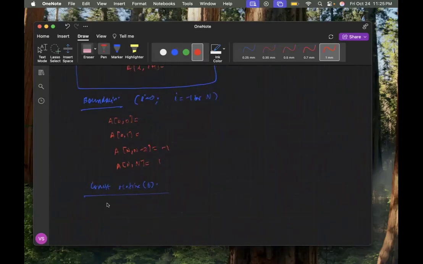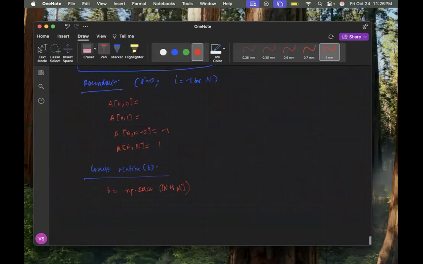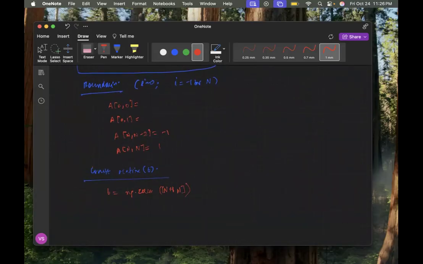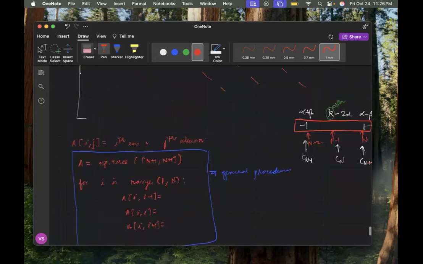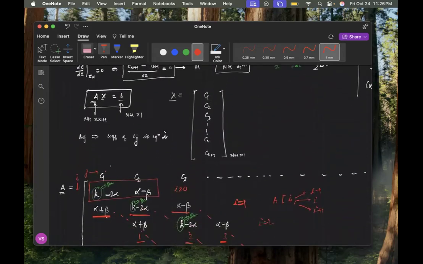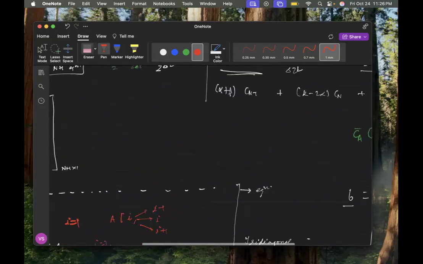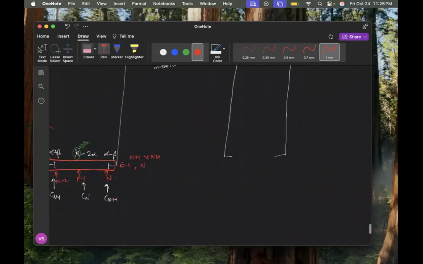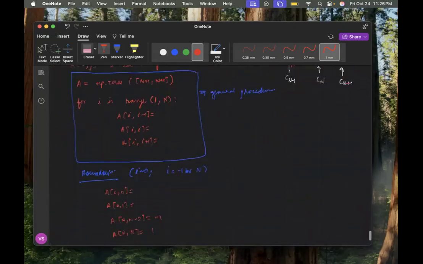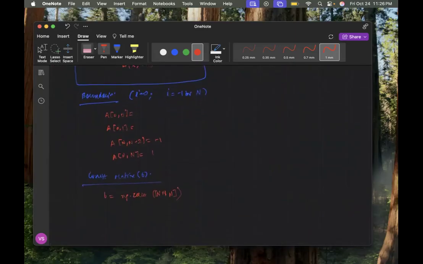To formulate vector B, you just have to start with saying that it is np.zeros, n plus 1 comma 1, because this is the size of the vector B over here, n plus 1 cross 1, right?